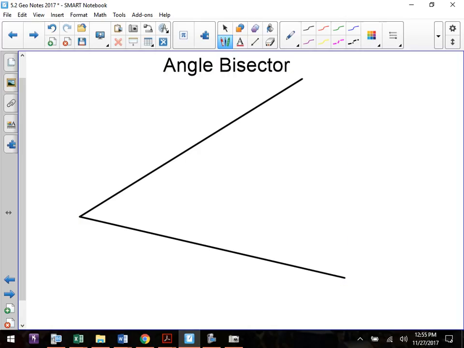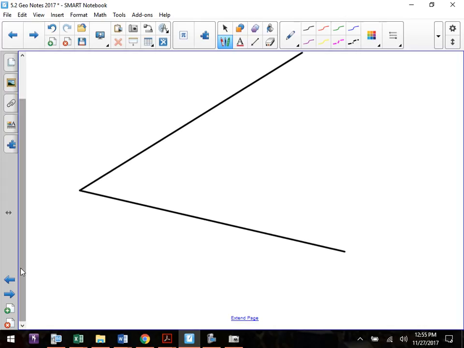So angle bisectors bisect angles. When you bisect an angle, what's created? Two congruent angles. Good. So angle bisectors bisect angles. You create two congruent angles here and here.